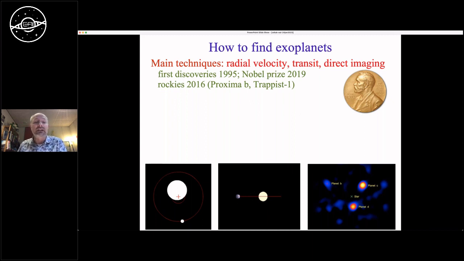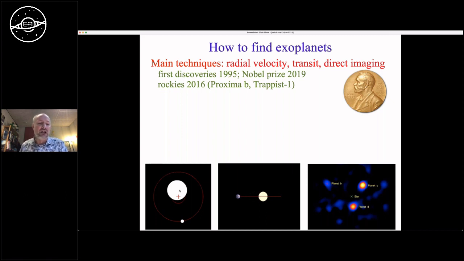There are many techniques, but there are 3 main techniques to find exoplanets. Historically, the first is known as radial velocity, shown here in the bottom left. There's a star here, and a planet orbiting it, kept in its orbit by gravity. The star pulls at the planet, but the planet pulls back, so the star is also moving a little bit.